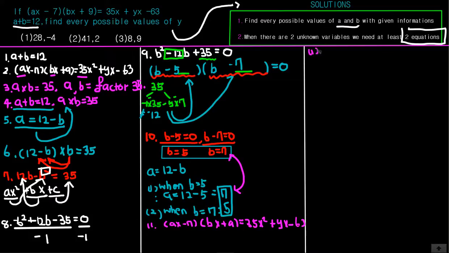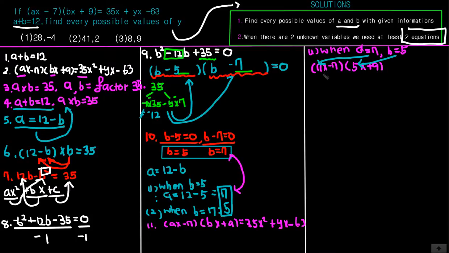At first, when a is equal to 7 and b is equal to 5, it will be 7x minus 7 times 5x plus 9, with 7 from a and 5 from b. If you multiply together, we need to see the y value, the x term, because we already know that it will give us x squared.